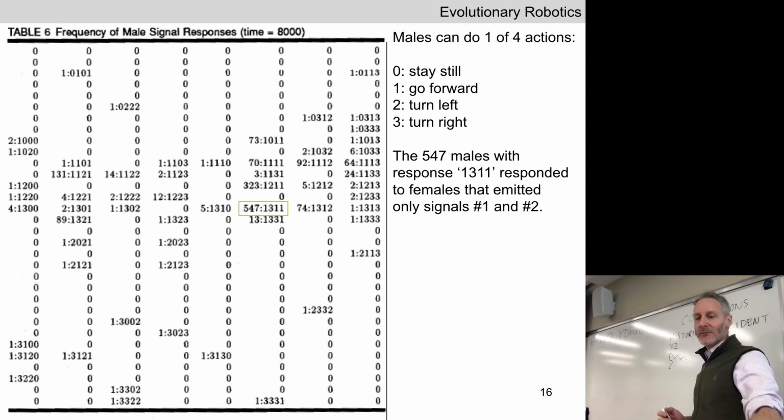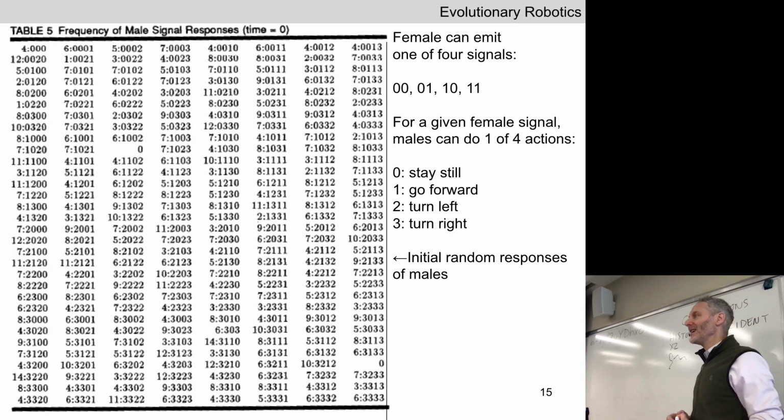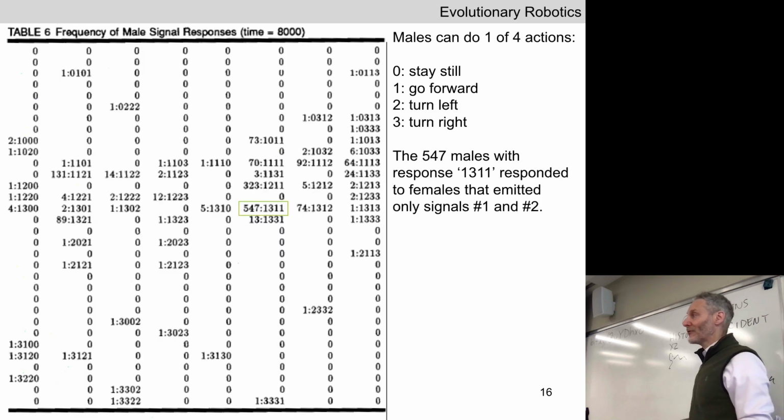There's similarities. At the beginning, there's no male tribes, right? All males are doing all the different things you could possibly imagine. The one thing that should obviously jump out to you 8,000 time steps later is the male behavior tends to be much more uniform.